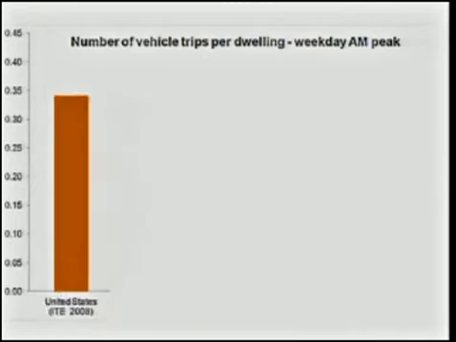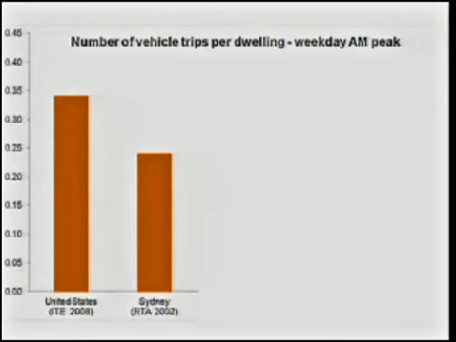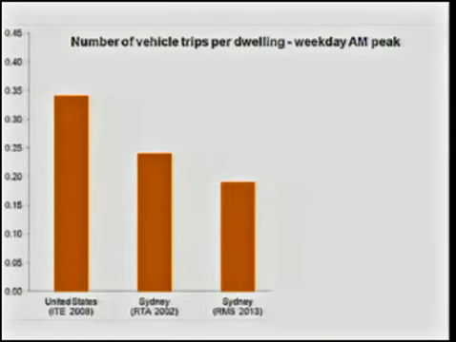So first off, one measure that we looked at was the number of vehicle trips per dwelling in the weekday AM peak. The ITE, through its trip generation manual, does publish rates for apartment buildings. And this is a US rate, so it's not automatically transferable to Australia, but at least it was one baseline. We don't have any comparable data that's published in Victoria, but the Roads and Traffic Authority in New South Wales has a trip generation manual, and they had data from 2002, and then they updated their apartment rates in 2013.